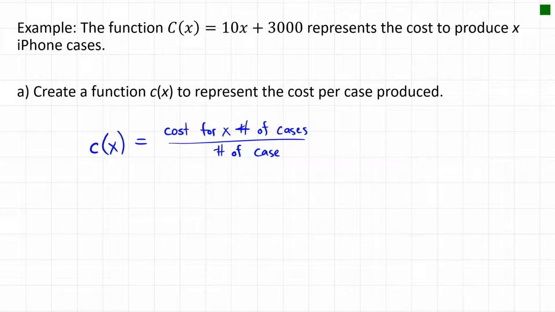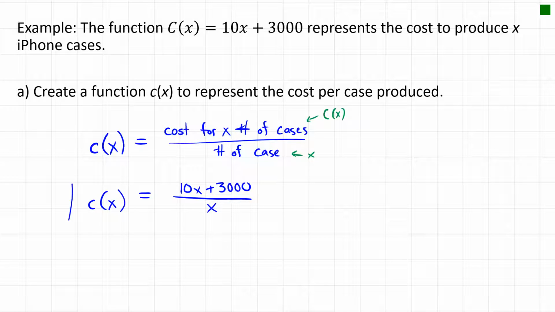We have both of these already. This is the function capital C of x, the cost to produce x number of cases, and the number of cases itself is just x. So the function to represent the cost per unit is 10x plus 3,000 divided by x.